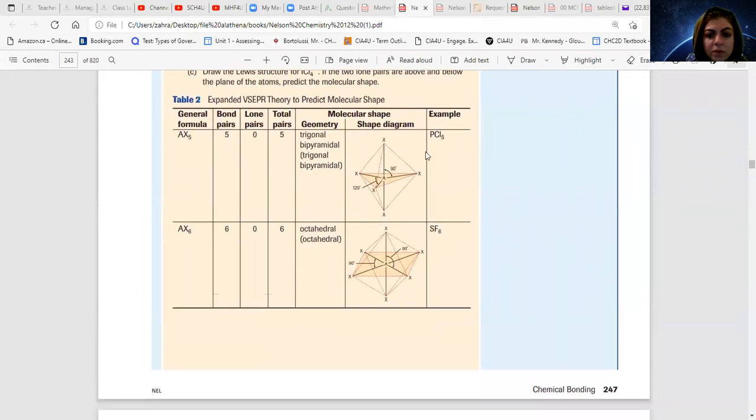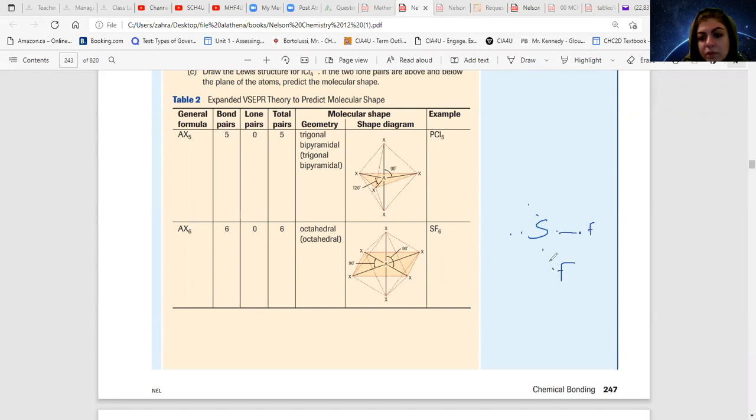Now here is another one, PCl5. Sometimes you can make a bond with extra electrons. S, you know, has 1, 2, 3, 4, 5, 6, right? And you have F6, and F just has one electron that can be shared here.